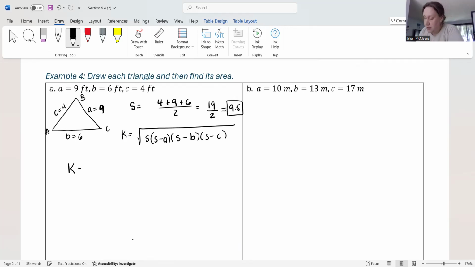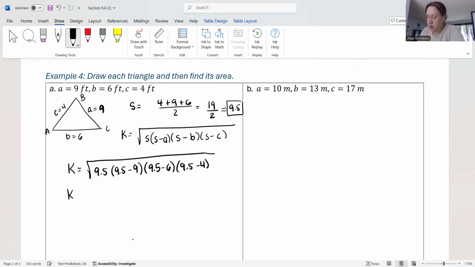I'm going to scoot it over here so I have plenty of room. So we're going to get K equals the semi-perimeter, which is 9.5, and then in parentheses times the semi-perimeter minus side length A. And then in another set of parentheses, the semi-perimeter minus side length B. And then in a last set of parentheses, the semi-perimeter minus side length C.